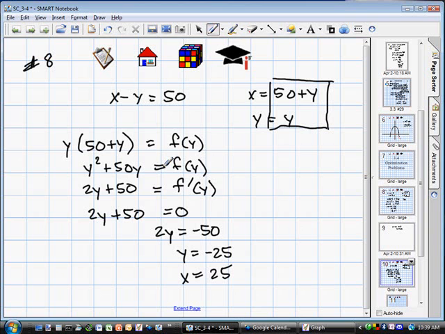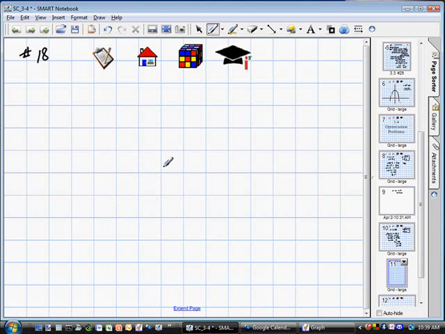Let's try one that actually has words in it. Number 18. This is a fairly typical calculus problem, by the way. I have seen this in just about every calculus book, and there are lots of calculus books that do this very frequently.